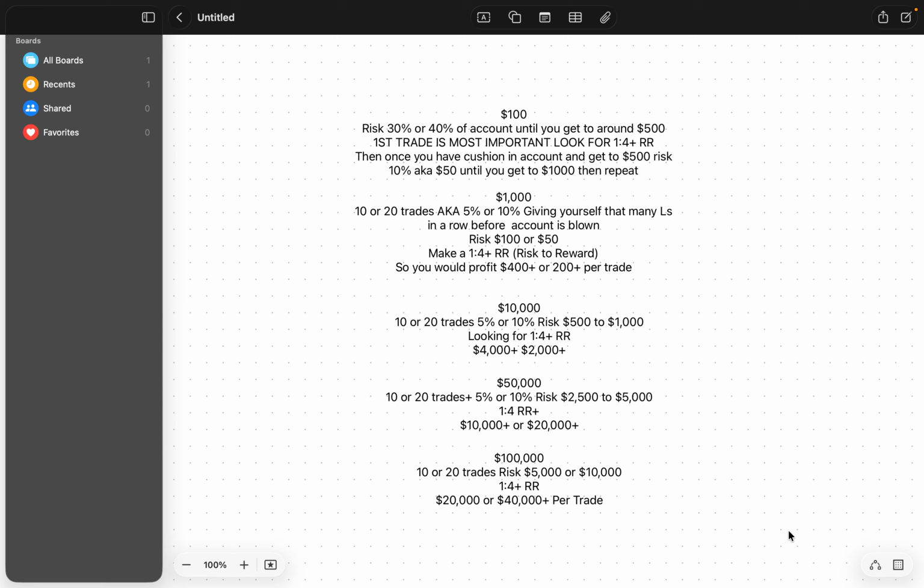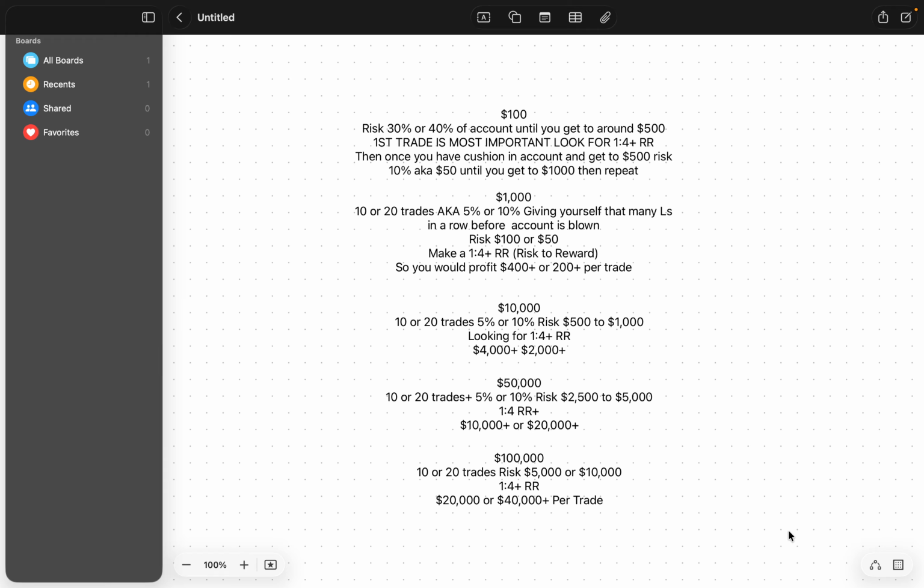The reason that's so important is you want to give yourself 10 to 20 opportunities plus before you blow your account. Meaning, if you take 10, 20, 30, 40 trades and they're all L's, you want to be able to take 20 L's before all your money's gone, or 30 L's before all your money's gone.